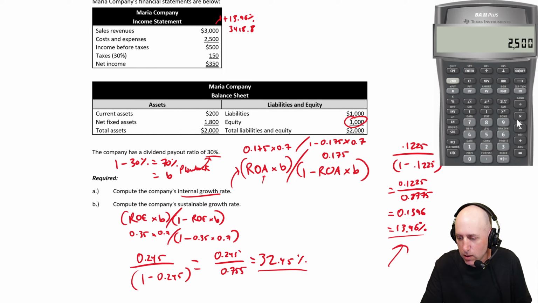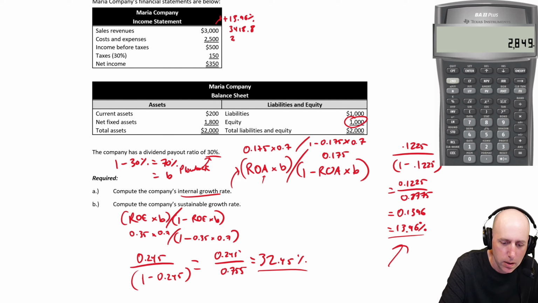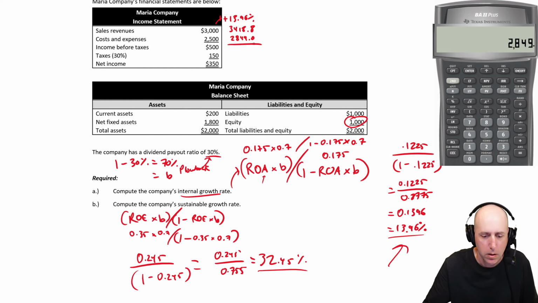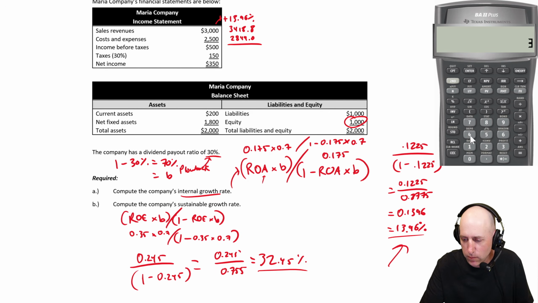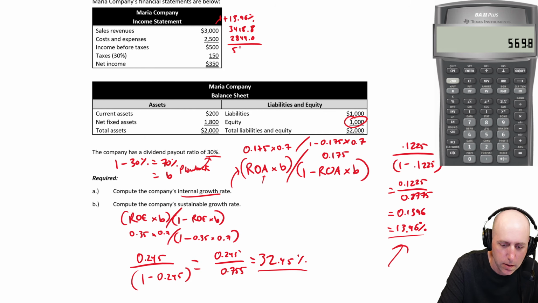2,500 times 1.1396, 2849, 3418.8 sales minus our costs, 2849, 569.8.